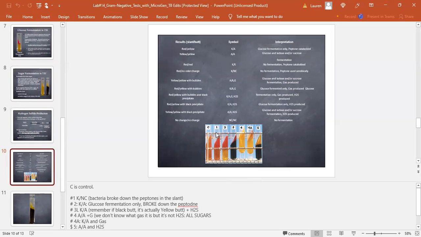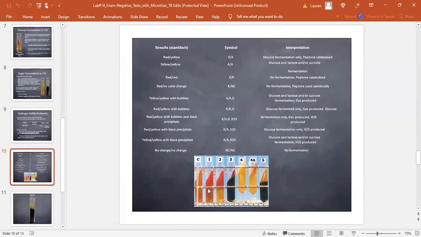It does contain sugar in the butt, but there was no change. The bacteria didn't touch this little area, but we do have a pink reaction up here. With our pH indicator, the far left is what neutral looks like, and we came to a deeper color right here. So what is the pH indicator telling us that's happening in the slant?